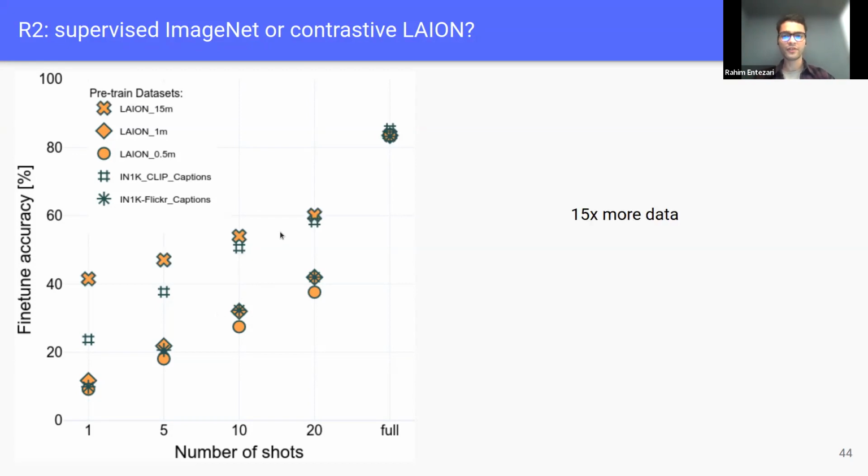And if you have more data, because we have from LAION up to 5 million, we can include more data. So you can see that without any clean labeling, the only difference between this cross and these hashtags is that we do not care about any clean labeling. If we just crawl 15x more data, then you can catch up with clean labels. And just for reference, this is supervised.